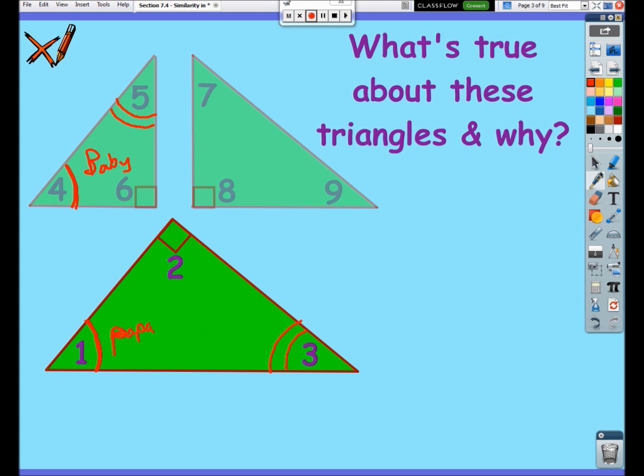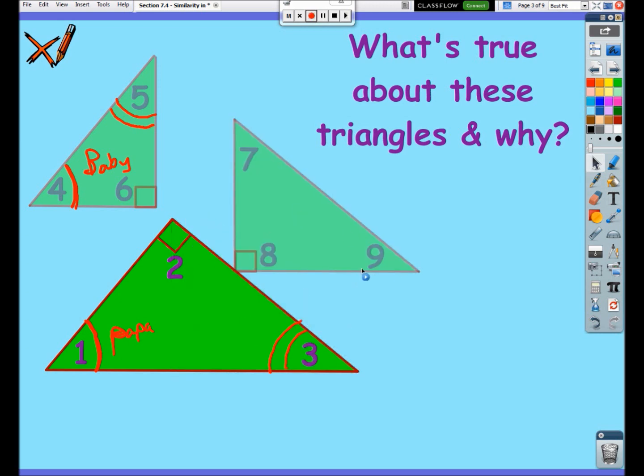But now let's bring mama into the mix. So if I put mama back where she really belonged inside the papa triangle, again, notice they both have matching 90-degree angles, check. And just like with baby triangle, mama triangle angle 9 and papa triangle angle 3, they're reflexive angles.